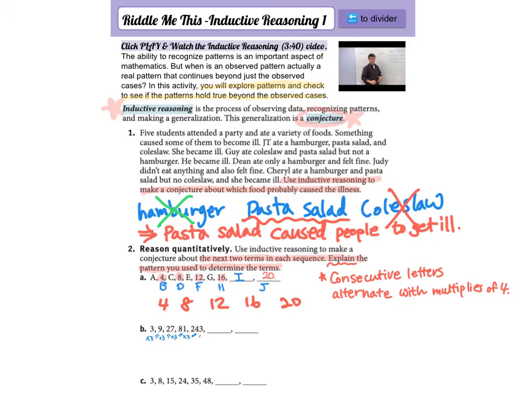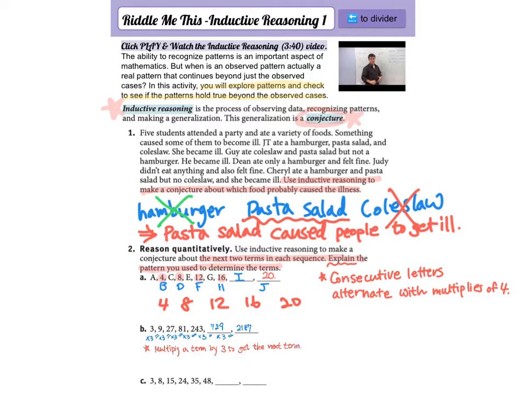So 243 times 3 will be the next number, which is 729. 729 times 3 should be the next number, 2187. So what is the explanation for this one? Multiply a term by 3 to get the next term.